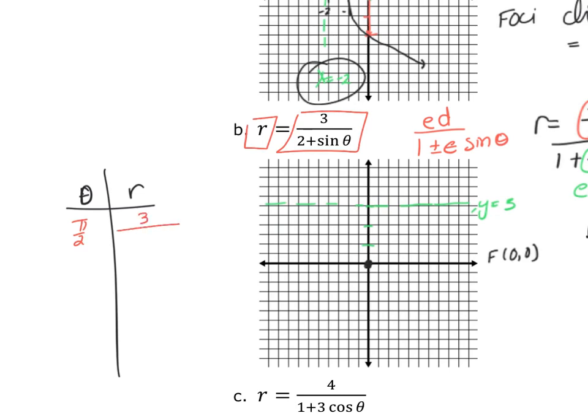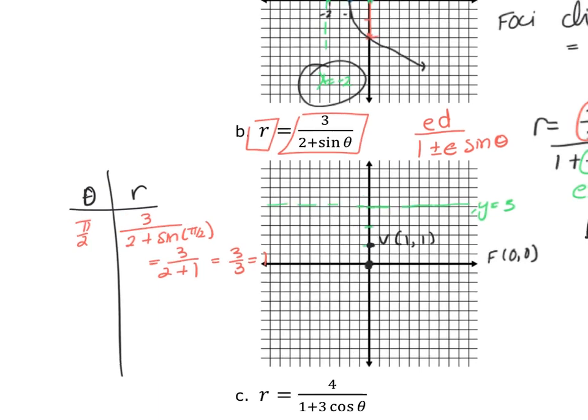We get 3 over 2 plus the sine of pi over 2, which is equal to 3 over 2 plus 1, because the sine of pi over 2 is 1. So I end up with 3 over 3, which is 1. That tells me that my vertex is right there. It is at the point 0, 1.